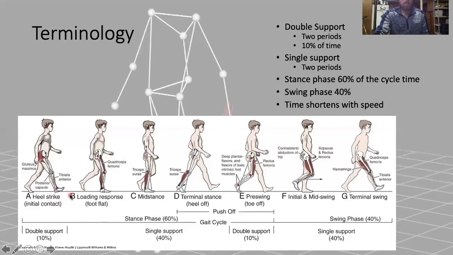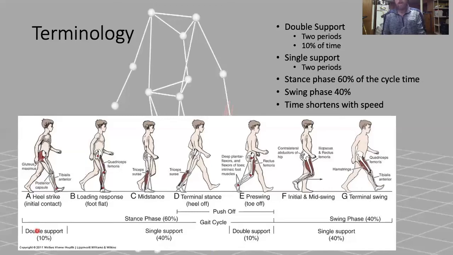Now, if you look at the percentage of time when we're in double support versus single support in each phase, when we're talking about the right leg in particular, and we're in the stance phase, we're in single support 40% of the time and double support only 10% of the time.